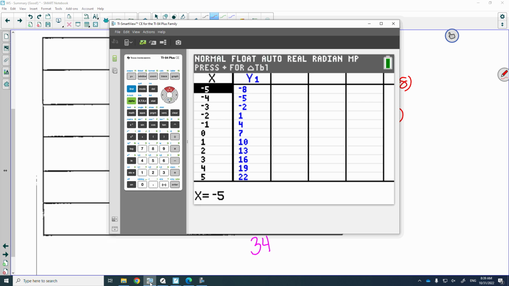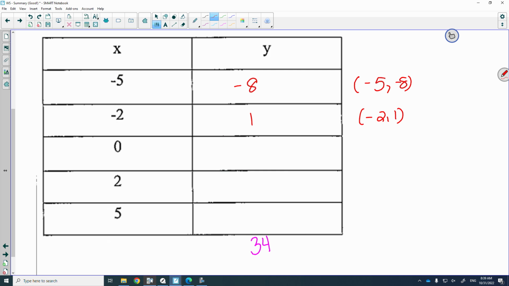So then we're going to have 7 and 13. 13 and 22. Okay, so you'd get all your ordered pairs.